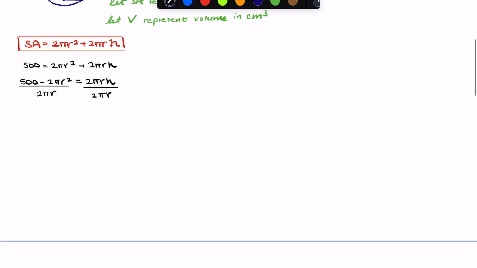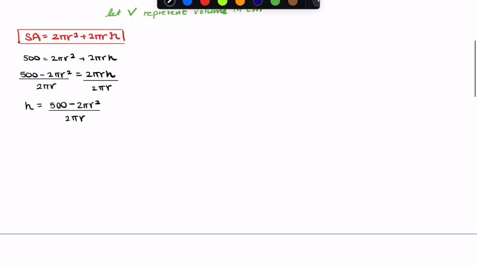When we divide both sides by 2 pi r, we can simplify this, and we'll get h is equal to 500 minus 2 pi r squared over 2 pi r.